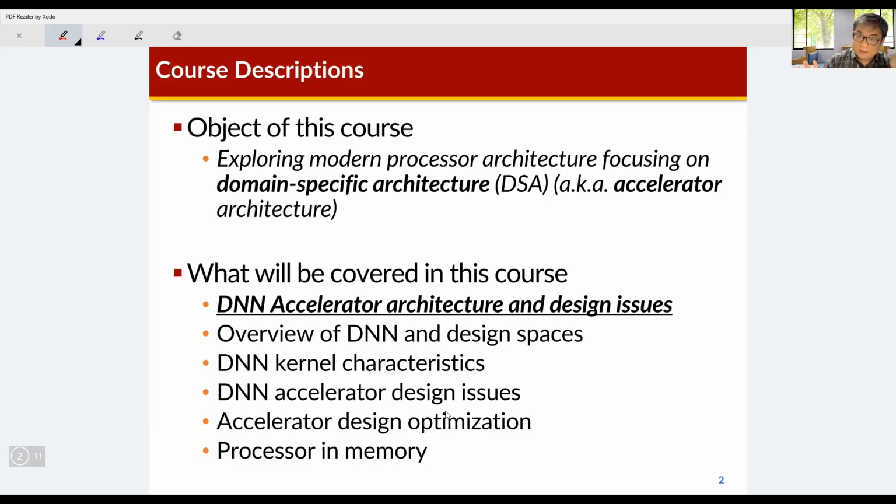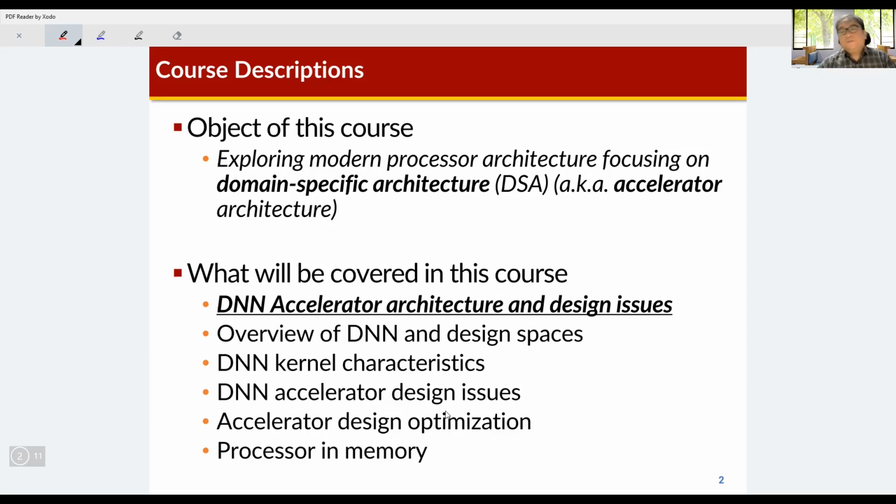That means that is the specific kernel. What's the kernel? A kernel is the main computation function that should be performed in the computer processors. So we need to specify the representative deep neural network kernel. We will explore what the characteristics of the deep neural network kernel are.